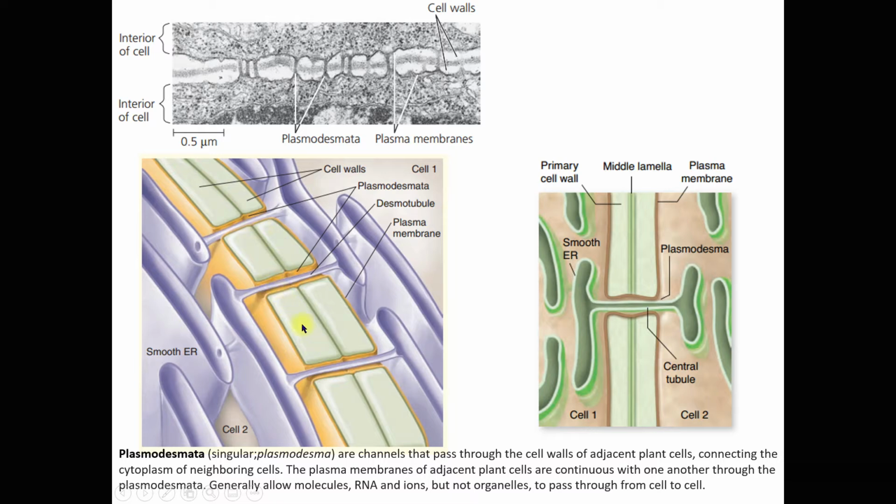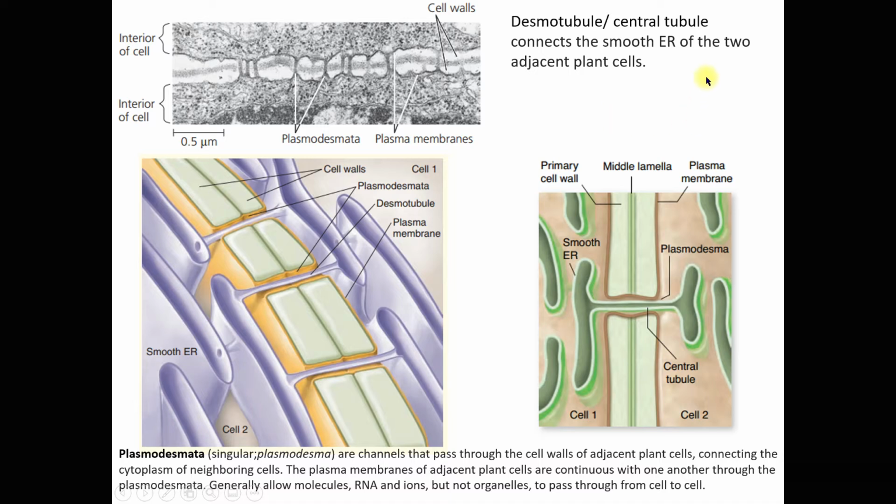Ini ialah cell wall untuk cell 2. Alright. Now, between these two cell walls, ada garisan tengah ni kan? Ini kita panggil sebagai middle lamella. Alright, this is the middle lamella. You can refer this diagram here. Apa? Middle lamella.